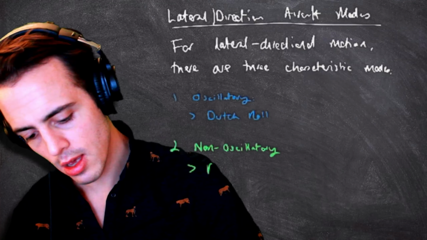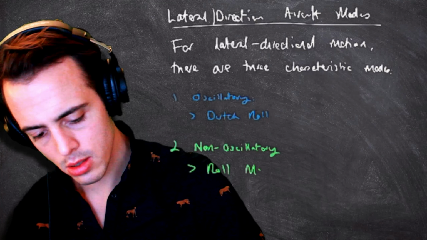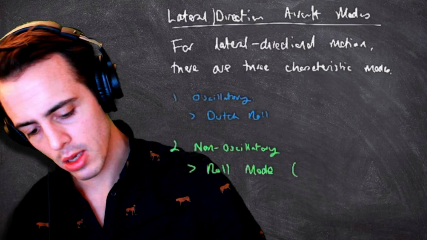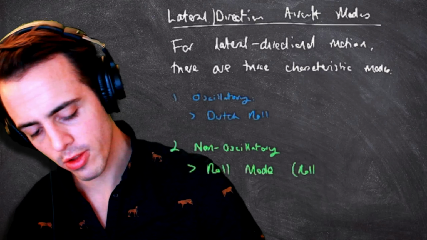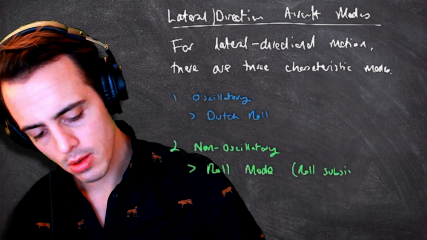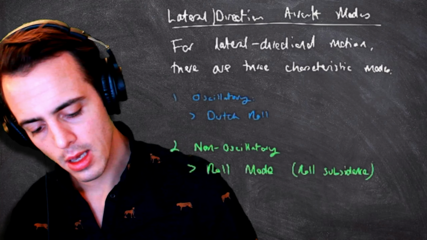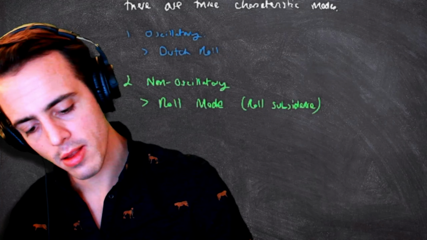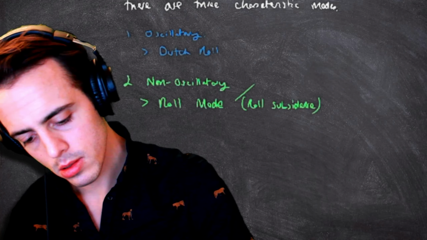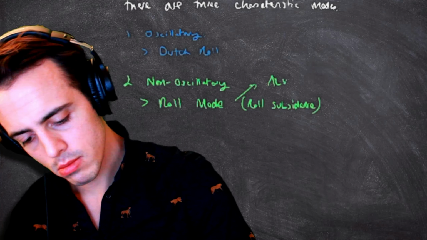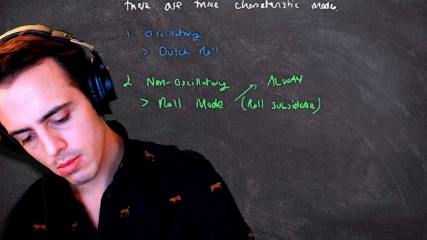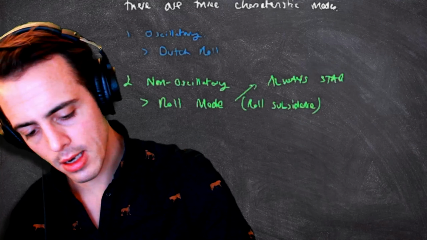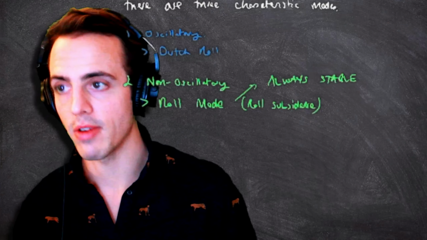One of which is the roll mode. Sometimes you'll see this being called roll subsidence. This mode is always stable, and is basically a consequence of the aircraft having some wings.